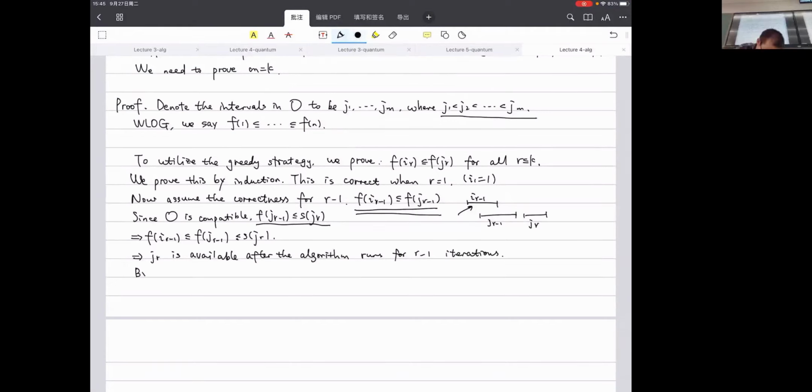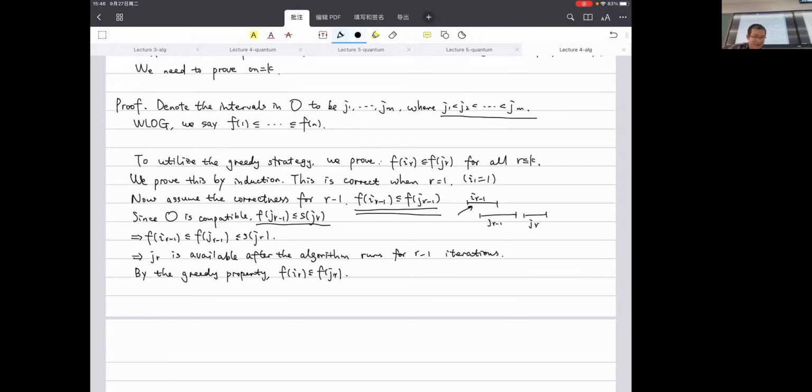And by the greedy property, based on our argument, JR is a feasible choice after you run this algorithm for R minus 1 iterations, but the algorithm picks IR instead of JR. So this suggests that F IR is smaller than or equal to F JR.